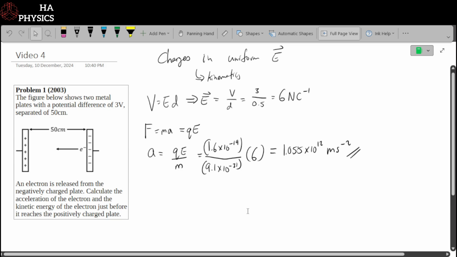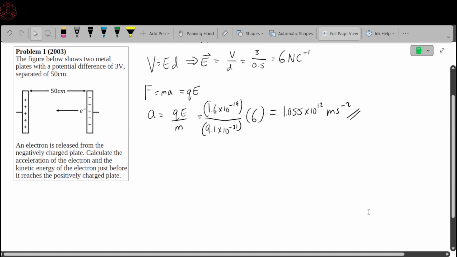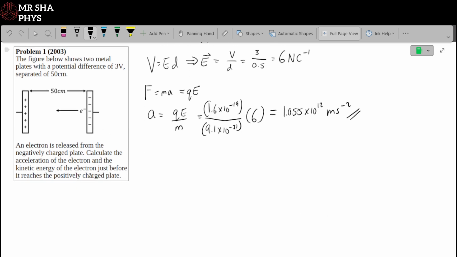Now after that we are expected to calculate the kinetic energy of the electron just before it reaches the positively charged plate. There are two equations that you need to know here. Kinetic energy is just half mv squared, and from kinematics we also know that v squared equals to u squared plus 2as, s being the distance that it has traveled.